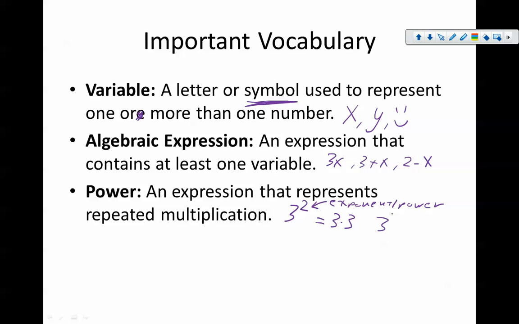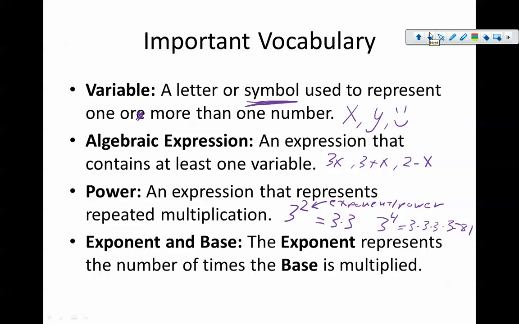If this was 3 to the 4th power, then this would be 3 times 3 times 3 times 3. A power represents repeated multiplication. Notice that 3 times 3 is 9, 9 times 3 is 27, 27 times 3 is 81, right? So it's not 3 times 4, that's 12. This is 3 times 3 times 3 times 3.